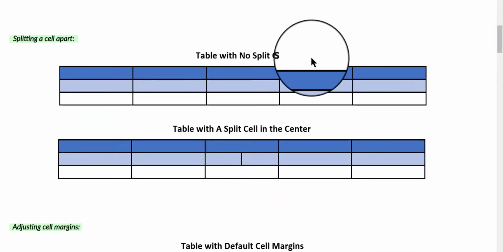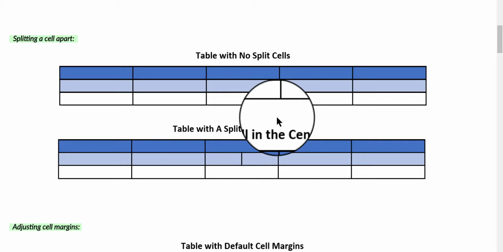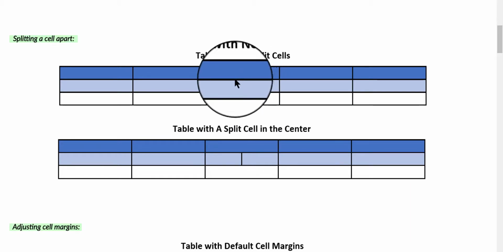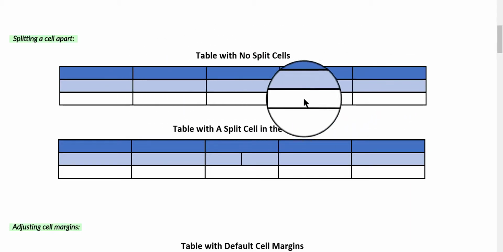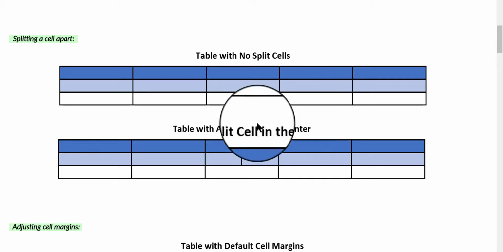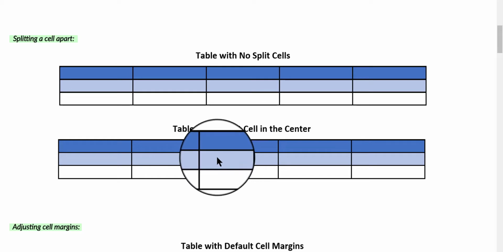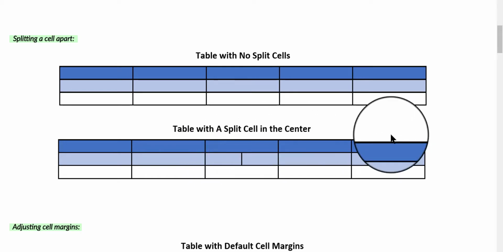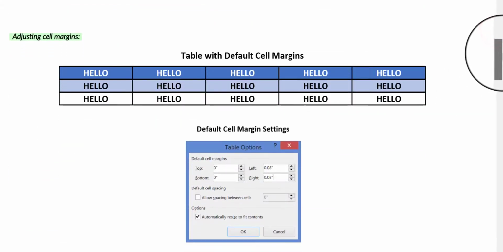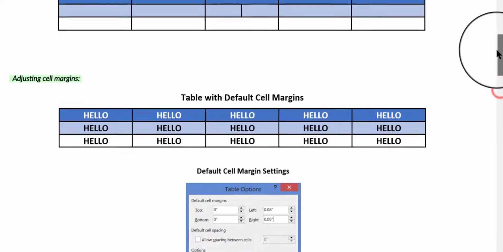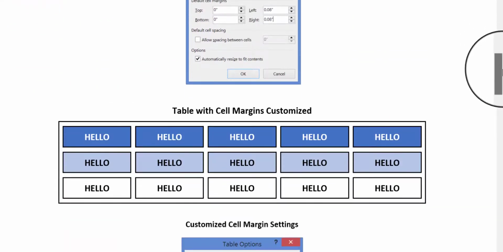Keep going, and there's an illustration of how to split cells. For example, all the cells in here are normal, none of them are split, but here's an example of taking this middle cell here and splitting it into two separate cells. So there's different ways of doing that. There's lots of other illustrations in here.